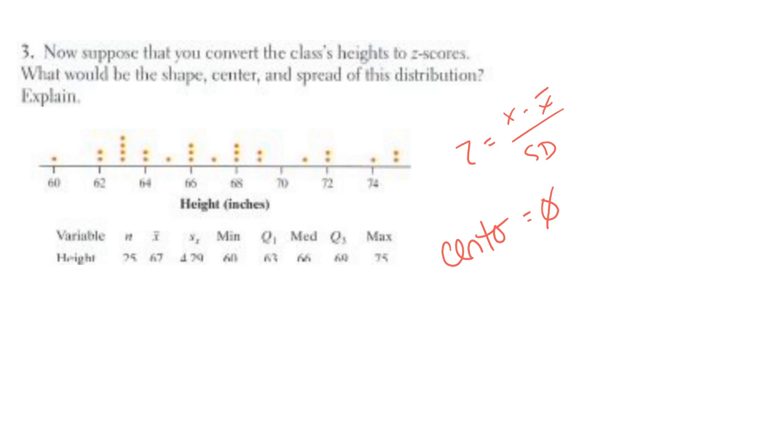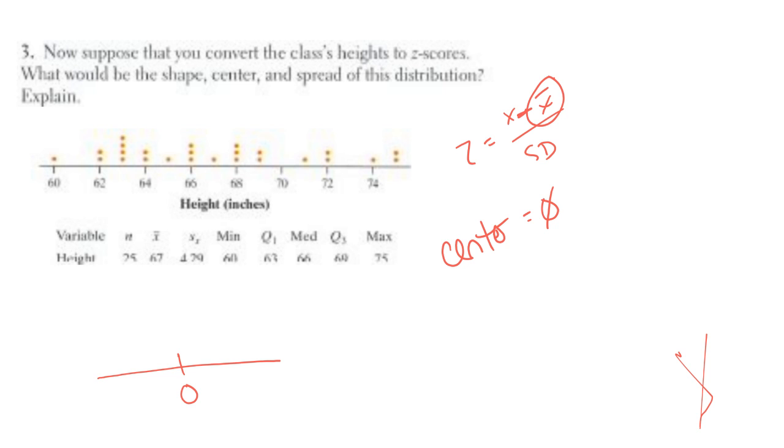My center is going to become 0 if I take the z-scores of everything. I'm going to standardize my dot plot, and my center is going to move over to 0 because I've subtracted. I applied a subtraction constant to everything and a division constant to everything, so my center is going to move down to 0. My center is going to decrease.